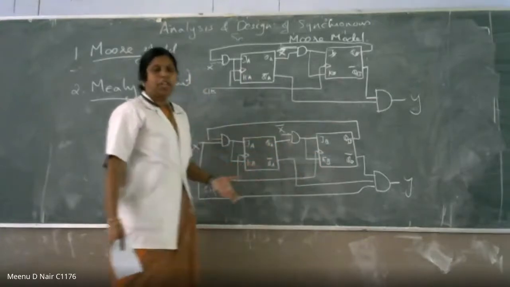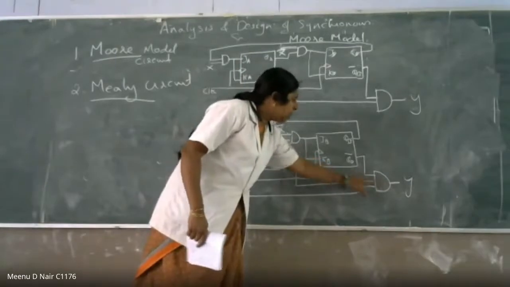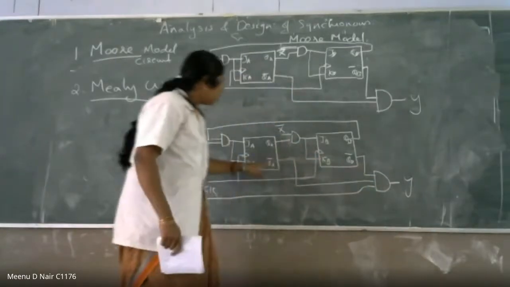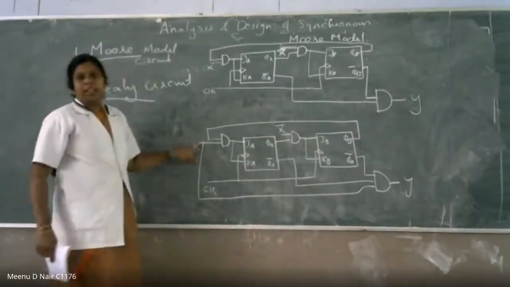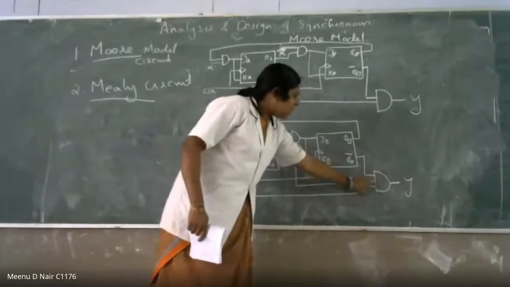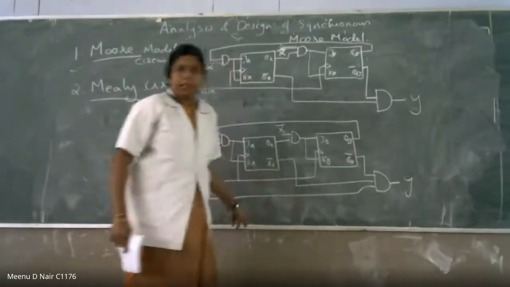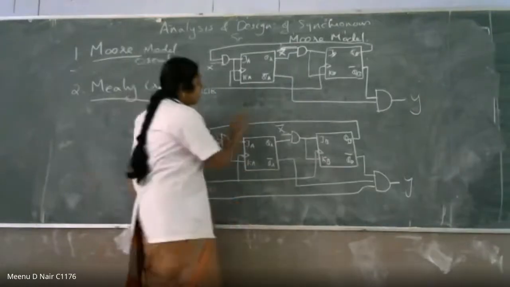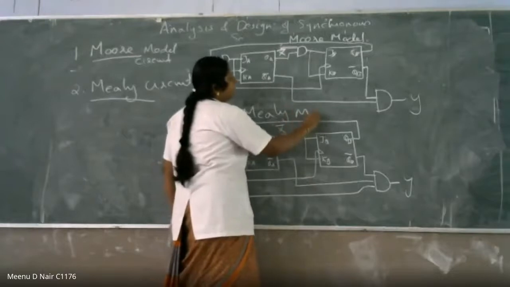That is depending on your output parameter. So the output of the circuit is depending on the present state of the flip-flop as well as the input available. So in this case, it is depending on both the present state of the flip-flop as well as the input. So you can call it a Mealy model, M-E-A-L-Y, Mealy model.